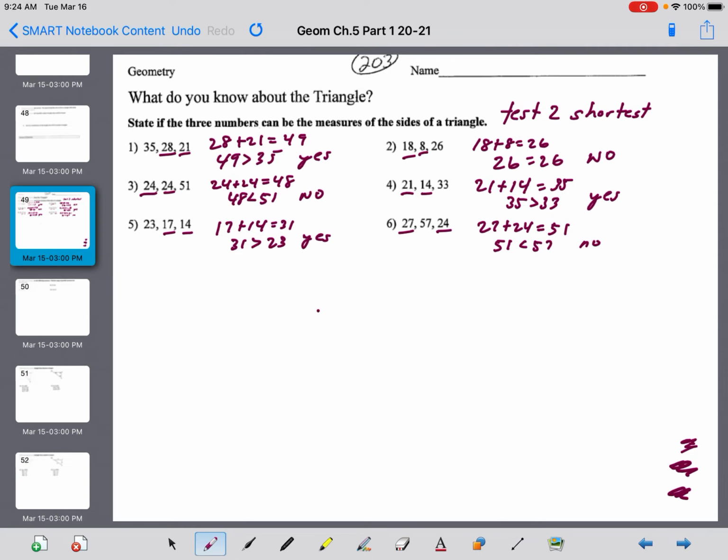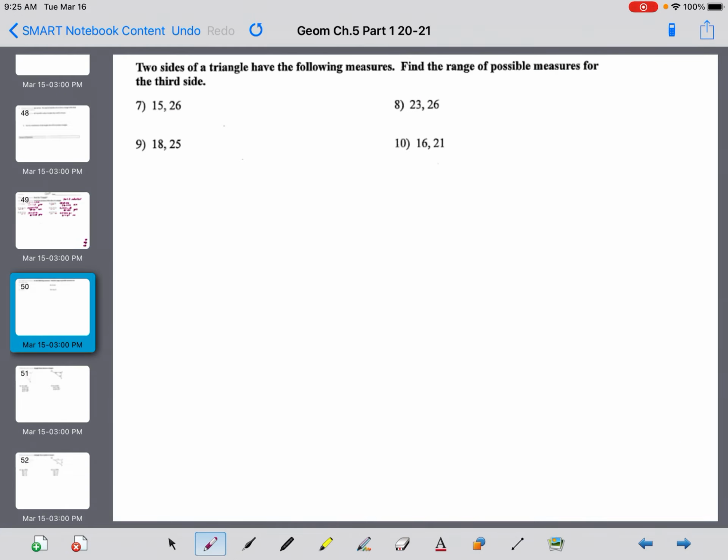All right, the next set, we're given two sides, and we're trying to get a range for the third side. This is where you subtract and add. Subtract to get the min and add to get the max. 26 minus 15 is 11. 26 plus 15 is 41.